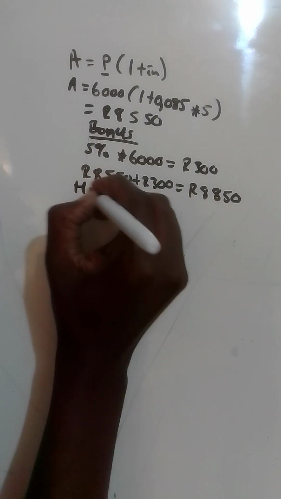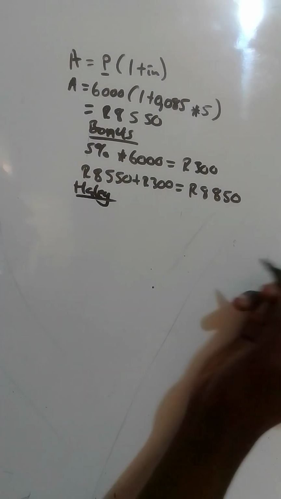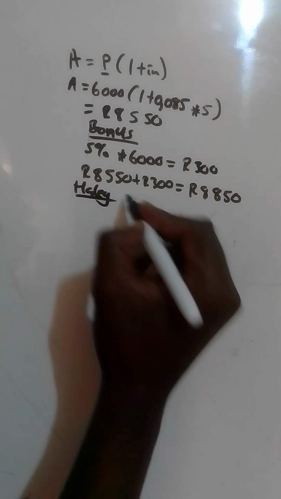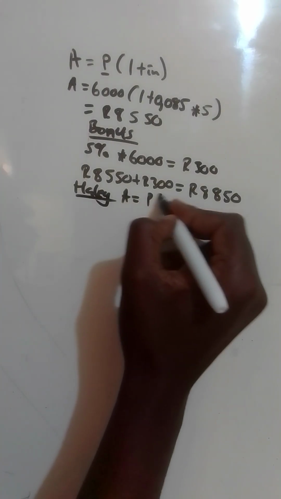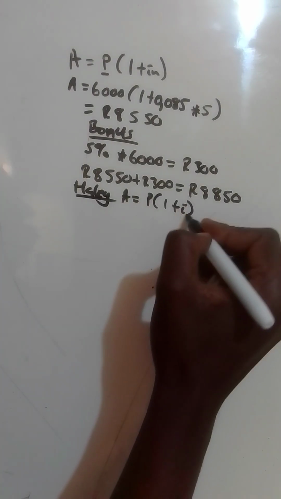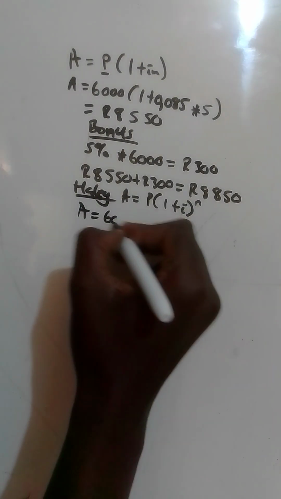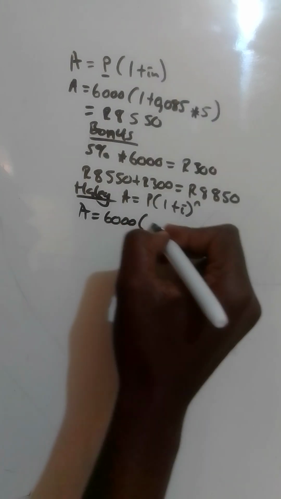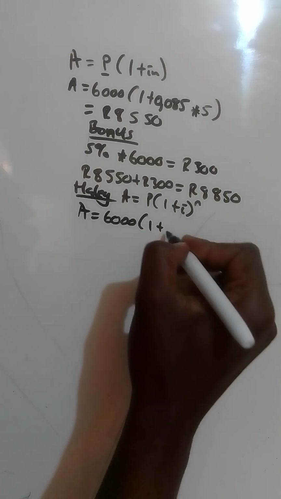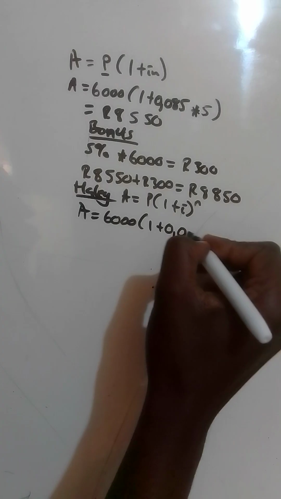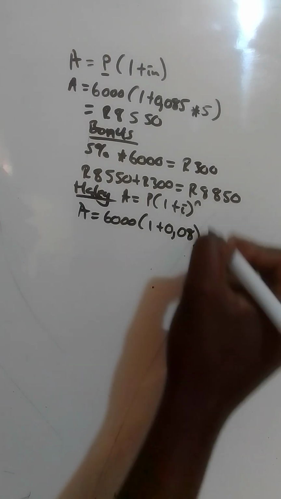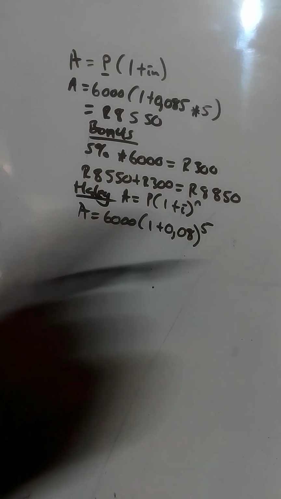Now this is Haley. Now the method which is going to be used for compound interest is A is equal to P open bracket 1 plus i close bracket to the power n, right? So we now say A is equal to the principal, which is still the same, 6,000 rands, open bracket 1 plus what has changed, the interest rate 8%, so 0.08, and then it is to the power 5.